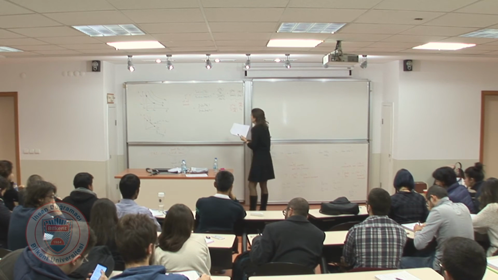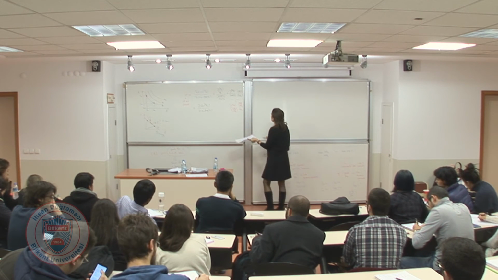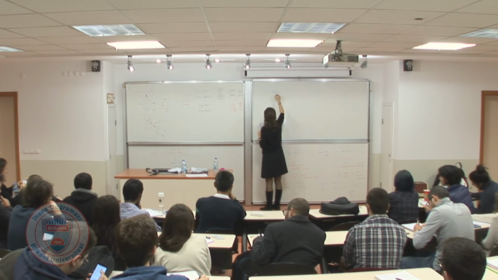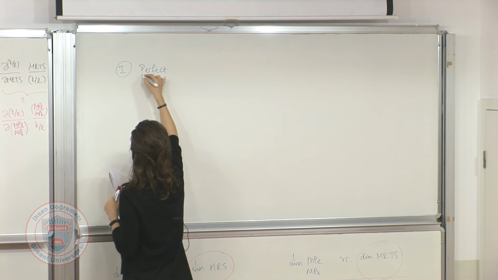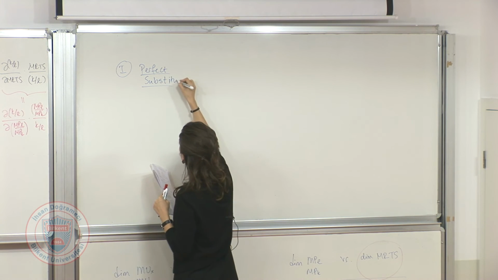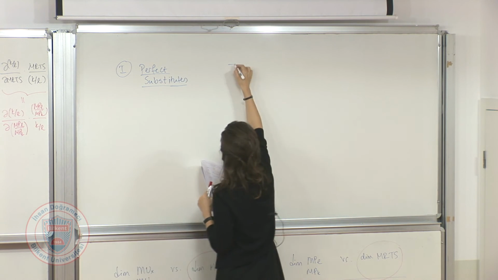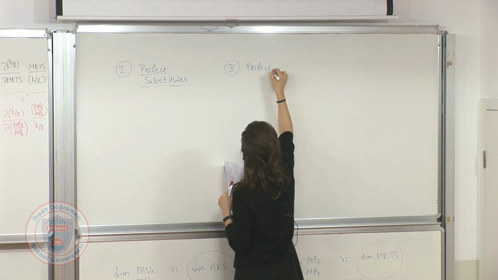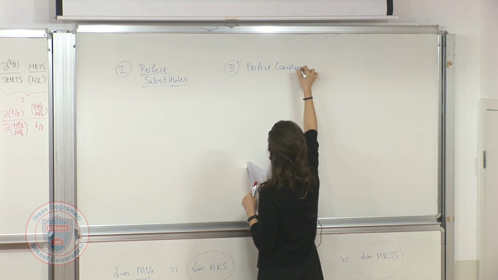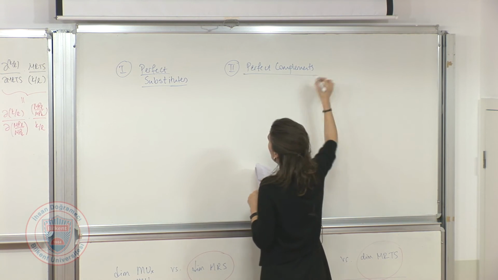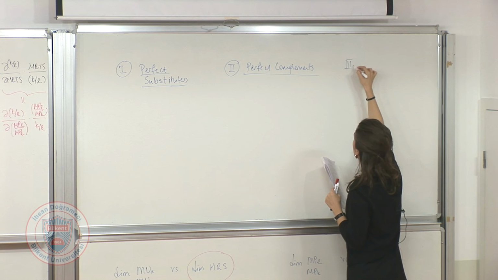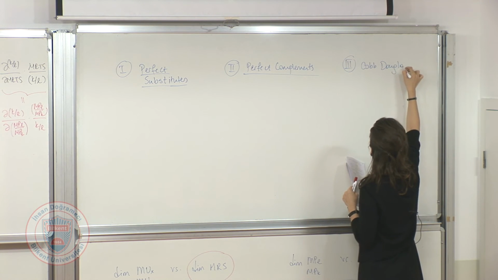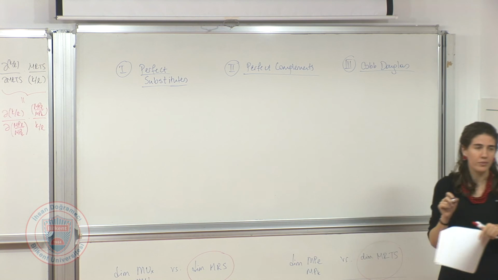If you missed our functional forms, let's come back to this. So we would have perfect substitutes, okay? We would have perfect complements, okay? And we're going to have the Cobb-Douglas form, okay?